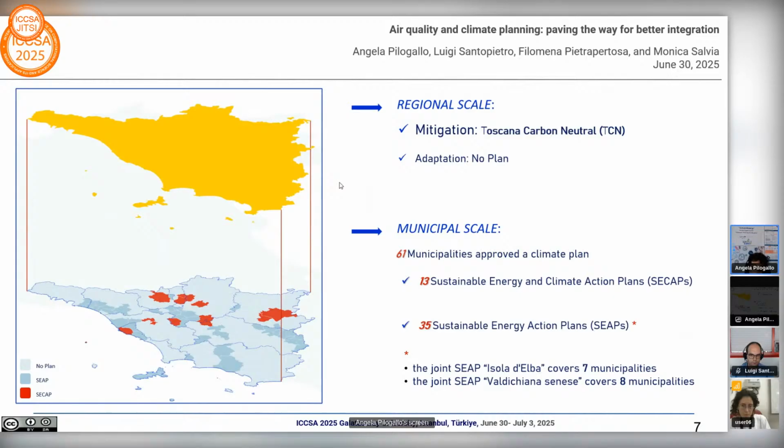We highlight that most of these climate plans need to be updated because they refer to 2020 targets.